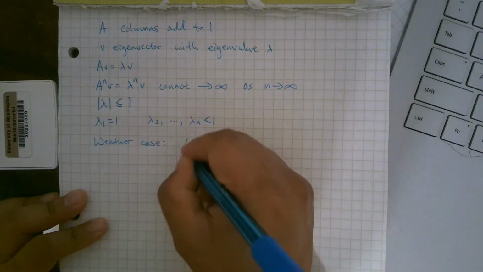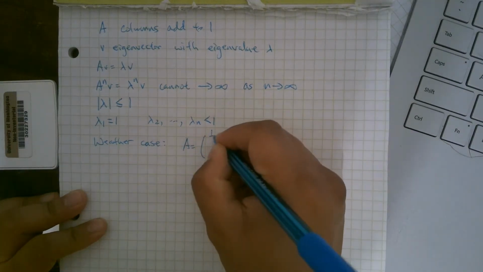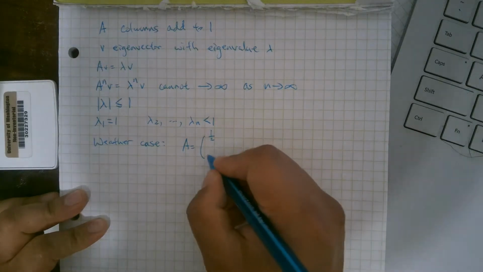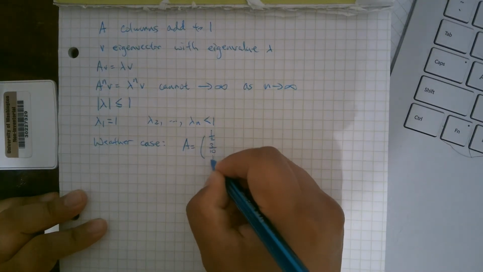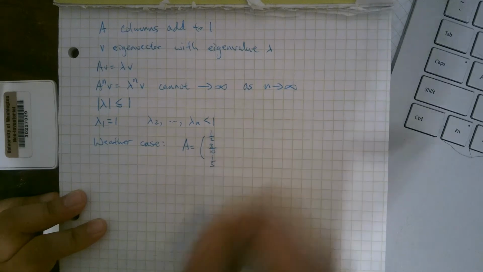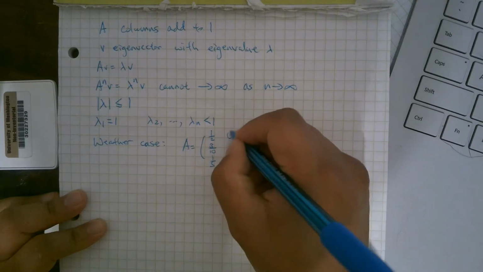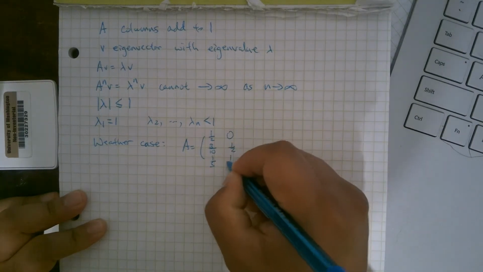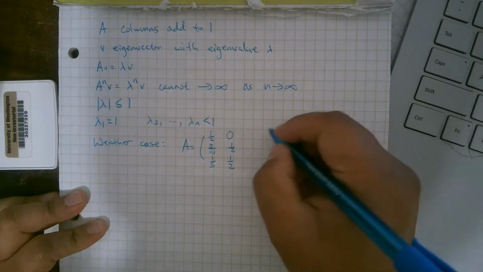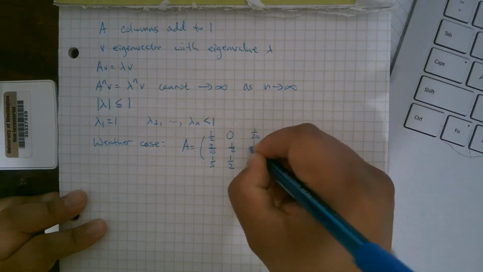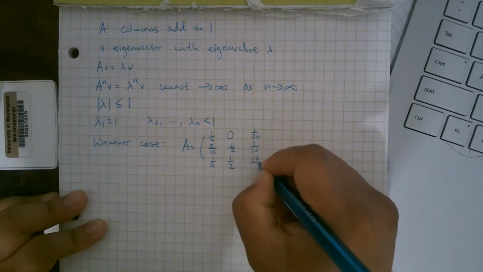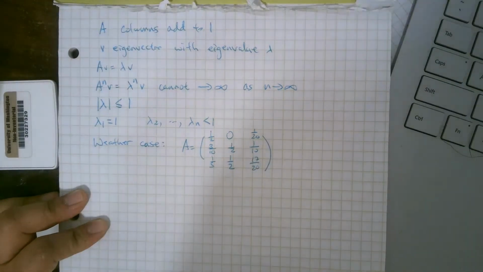Our transition matrix was 1/2, 3/10, 1/5, and then 0, 1/2, 1/2, and then 1/20, 1/10, and 17/20. That was our transition matrix from last time.